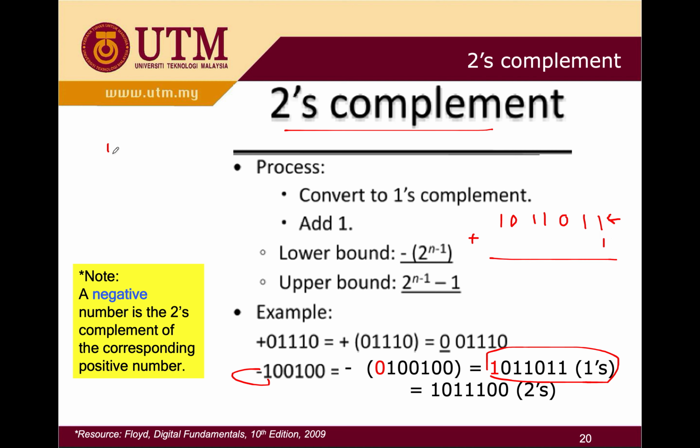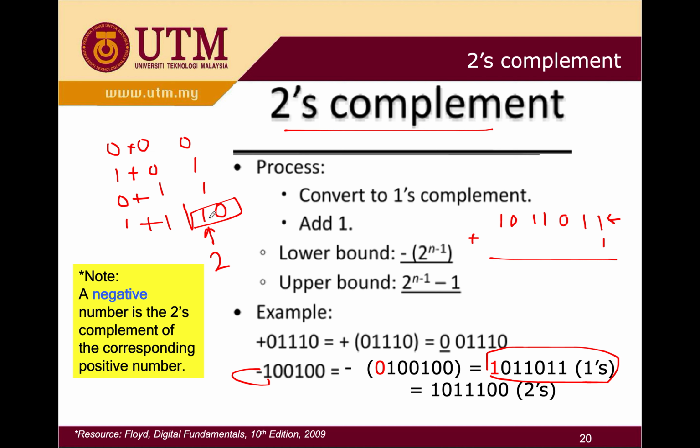You need to know that there is a table. When you add 0 and 0, you will get 0. 1 plus 0, you get 1. 0 plus 1, you get 1. But 1 plus 1, you will get 1 0. 1 0 in binary is 2. Is it okay? It is not 10 over here. This is not 10, but this is 2.